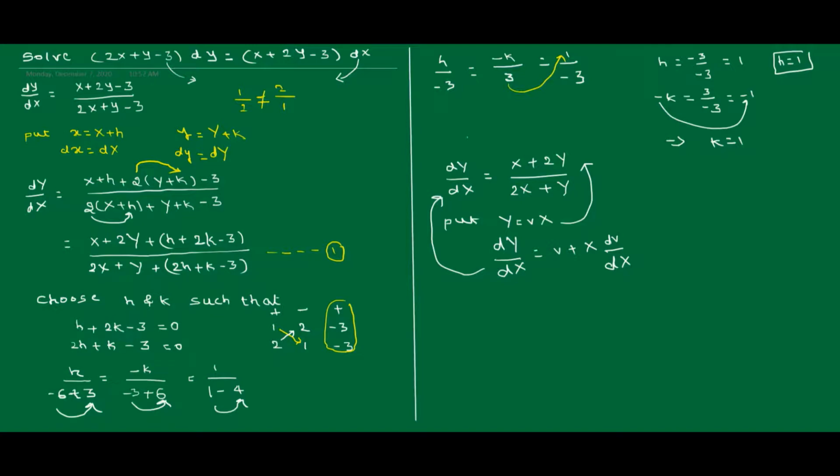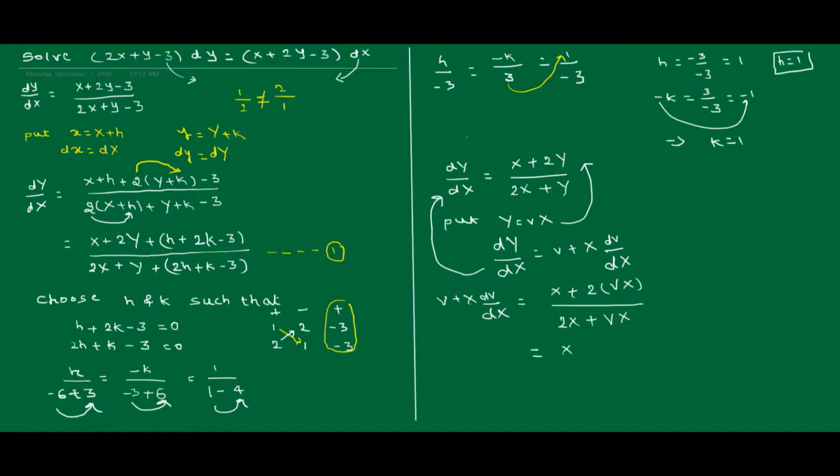So above equation becomes, that is, left hand side v plus x into dv divided by dx is equal to right hand side x plus 2 into y value is equal to vx divided by 2x plus y value is equal to vx.